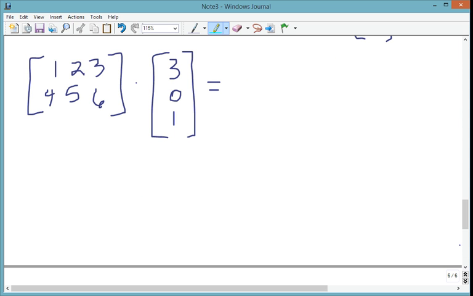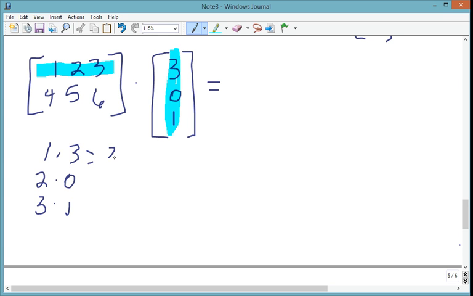So we'll take the first row, first column. Okay, so we have 1, 2, 3, 3, 0, 1. I'm going to multiply them, add them, and that is my answer. First row, first column, which is the only column.